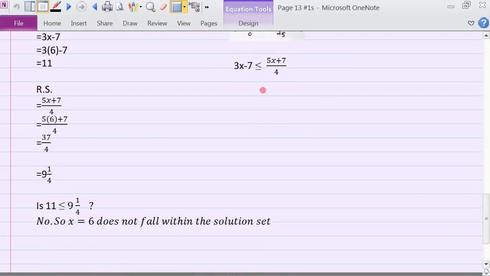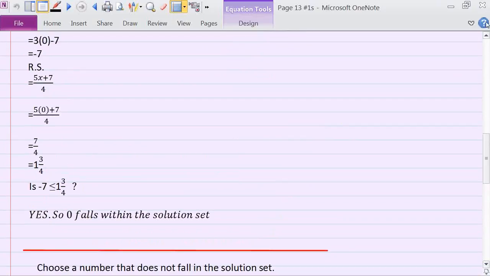Substituting 6 into that gives us 9 1/4. Is 11 less than or equal to 9 1/4? No, 11 is greater than 9 1/4. So x equal to 6 does not fall within the solution set.